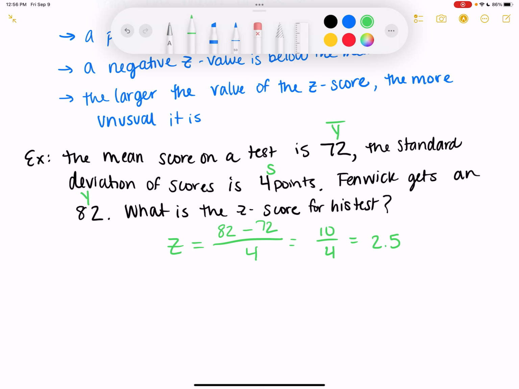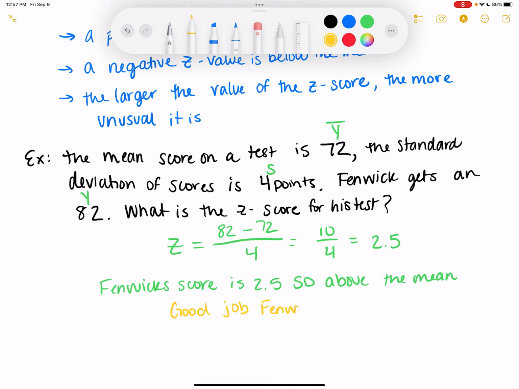So we would say that Fenwick's score is 2.5 standard deviations above the mean. So good job, Fenwick. That means he did well on his test.